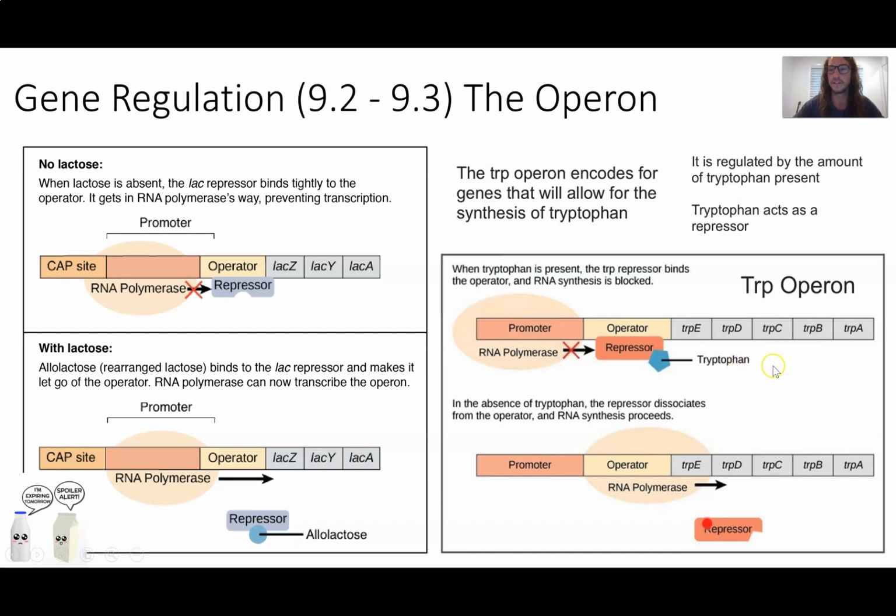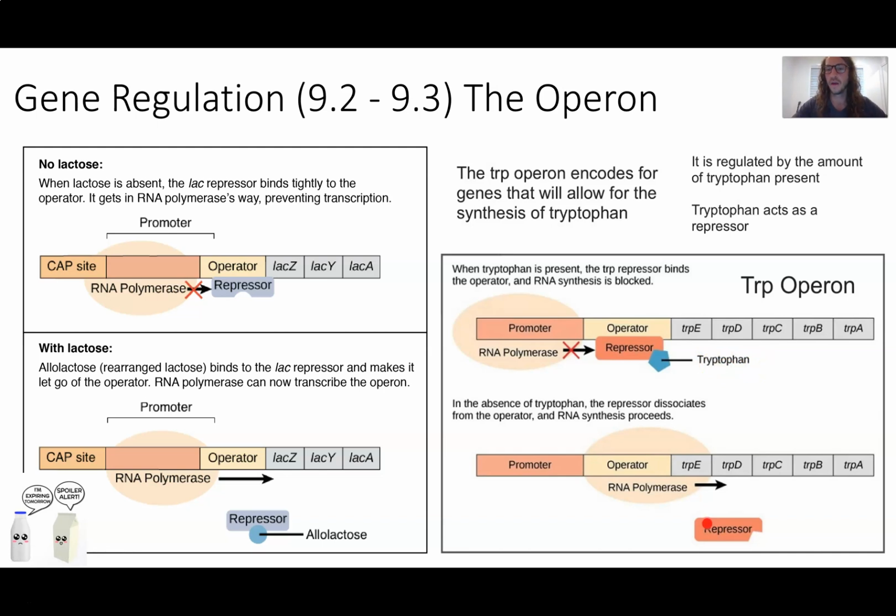When tryptophan is present, it binds to the repressor and activates it and stops RNA polymerase from coming in and writing that message to produce these enzymes, which will then go on to produce this substance called tryptophan.